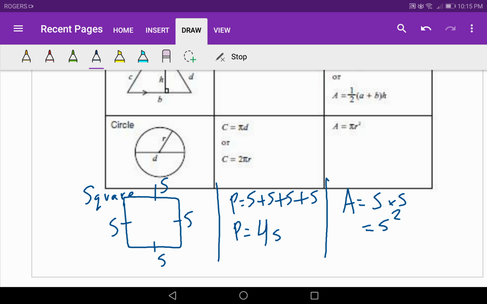A letter times the letter is that letter squared. Like x times x is x squared. S times S is S squared. All right, so these are my two formulas for perimeter and for area.